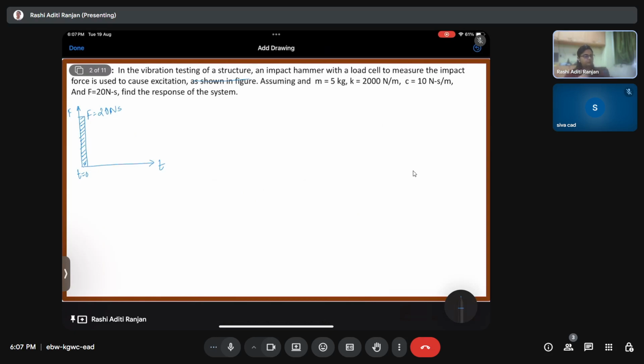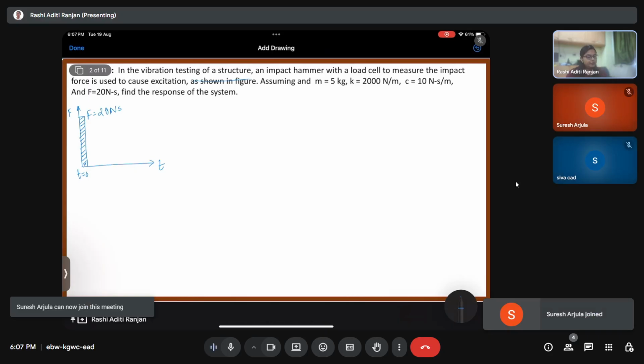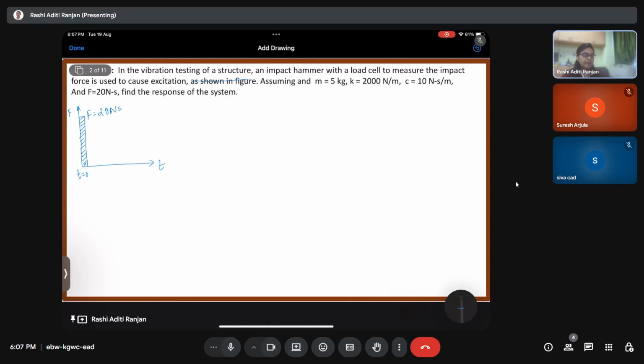Now we have to find the response of the system. First, we are going to model our system as a simple spring mass dashpot system, and then apply an impact loading on it. We have to find what the solution will be when such a forcing is applied.